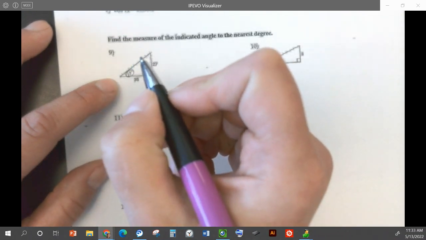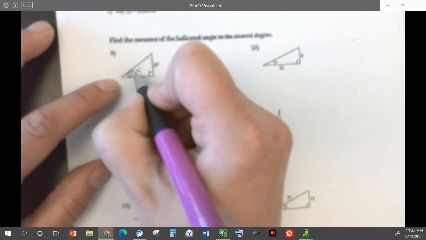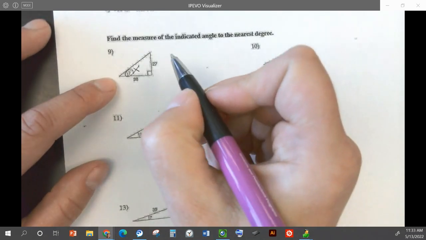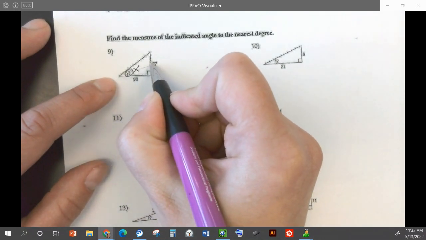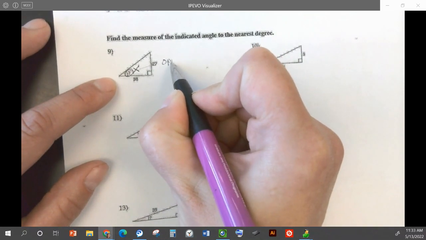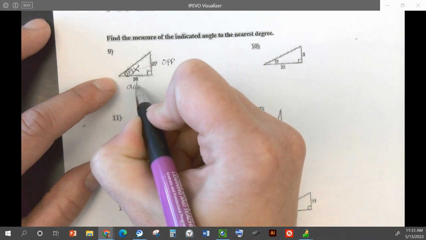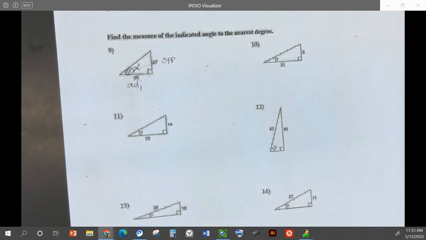I'm going to call it x. You can call it whatever you want. I'm just going to call it angle x. And I have the opposite side from angle x, and I have the adjacent side from angle x. So if I have the opposite and adjacent, what trig function should I use?